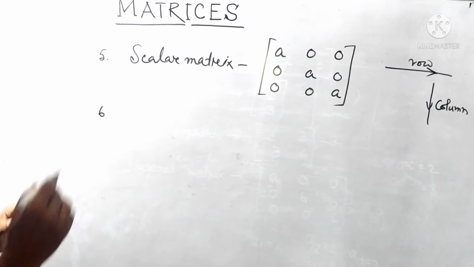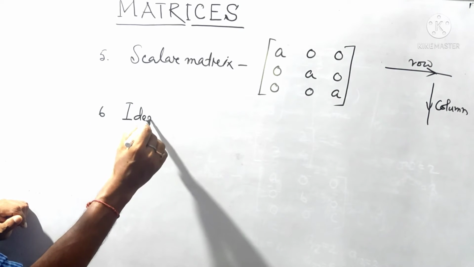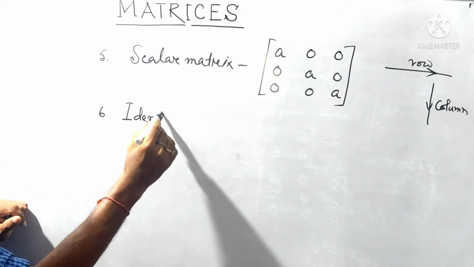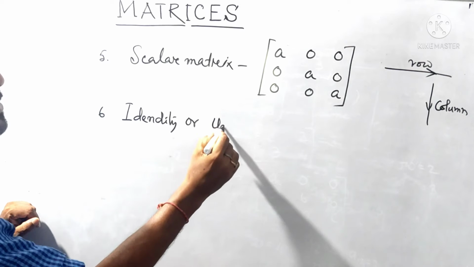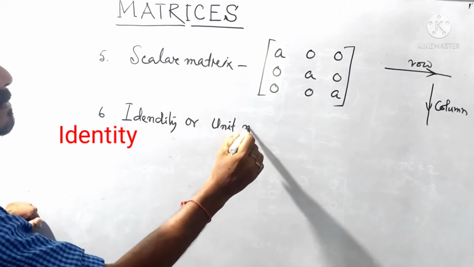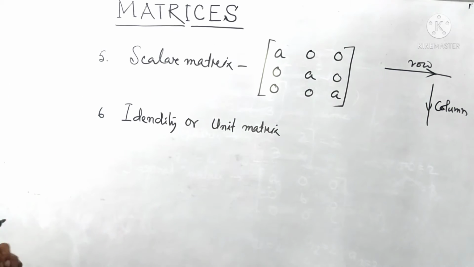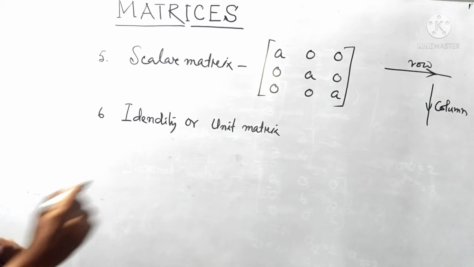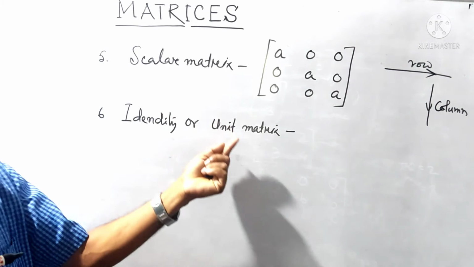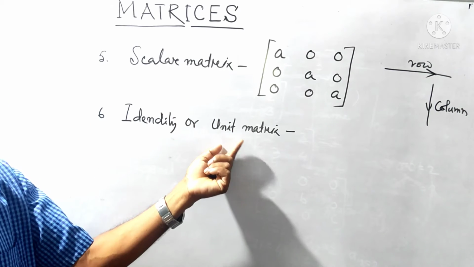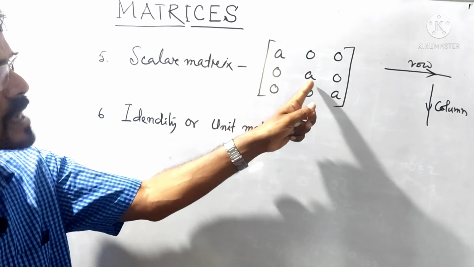Students, another one is identity matrix or unit matrix. So what is called identity or unit matrix? Identity matrix is also a diagonal matrix, or you can say it is a square matrix, but the diagonal elements are 1.